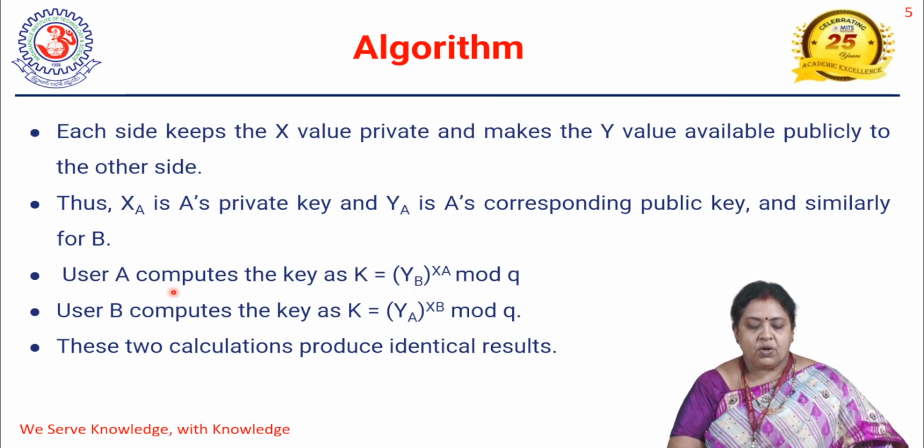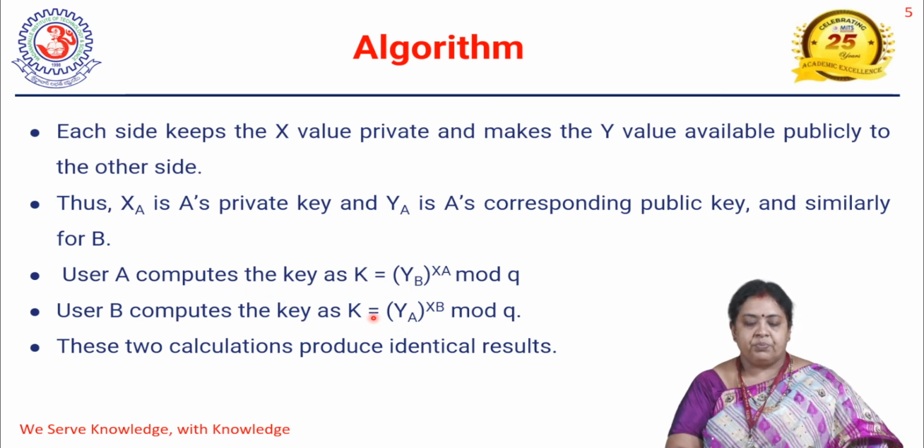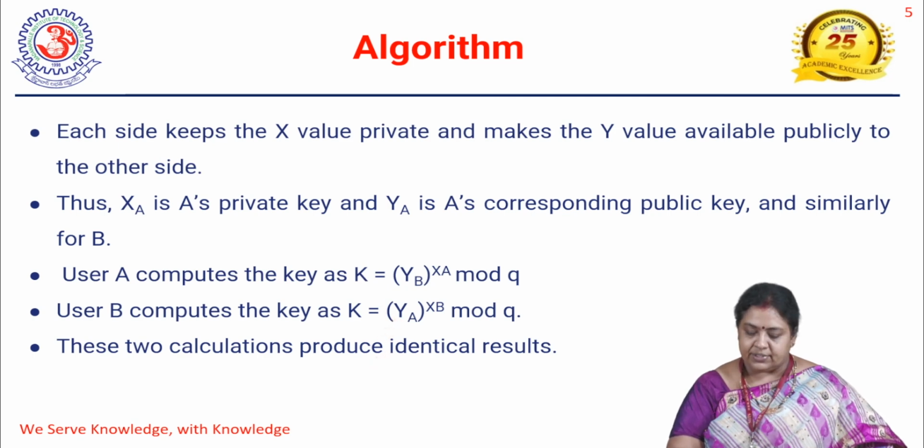And user B computes the key K equals YA to the power of XB mod q, and these two calculations produce identical results. That is the importance of this algorithm. A is computing separately and B is computing separately, yet they arrive at the same key. By using the public key of B, A computes a key, and by using the public key of A, B computes a key, and these two calculations produce identical results.